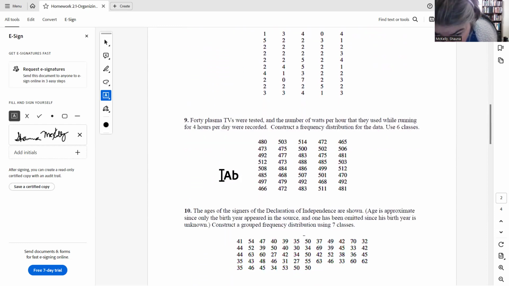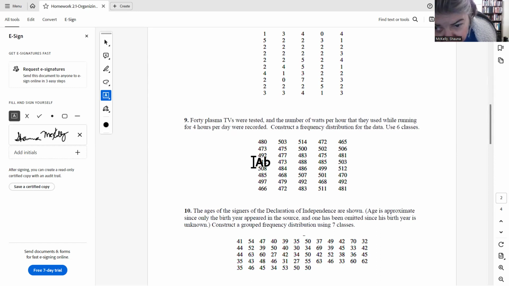Number 9 is the problem that I plan to do in this video. This is a grouped frequency distribution. It reads, 40 plasma TVs were tested, and the number of watts per hour they used while running for 4 hours per day were recorded. So these are wattage data, what they're telling us.